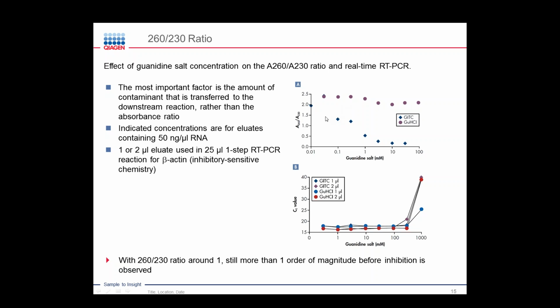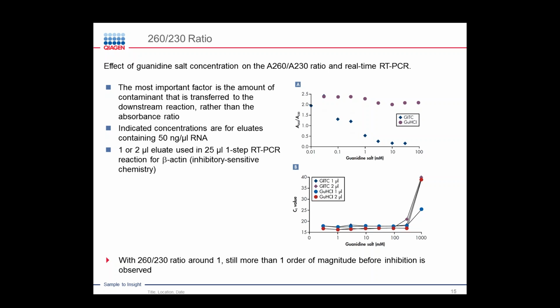For guanidine isothiocyanate, there's a dramatic change in the 260/230 ratio, and already at concentrations between 0.1 and 0.03 millimolar, it shifted to a ratio of 1. You can see this here. And to much lower ratios at higher guanidinium salt concentrations.